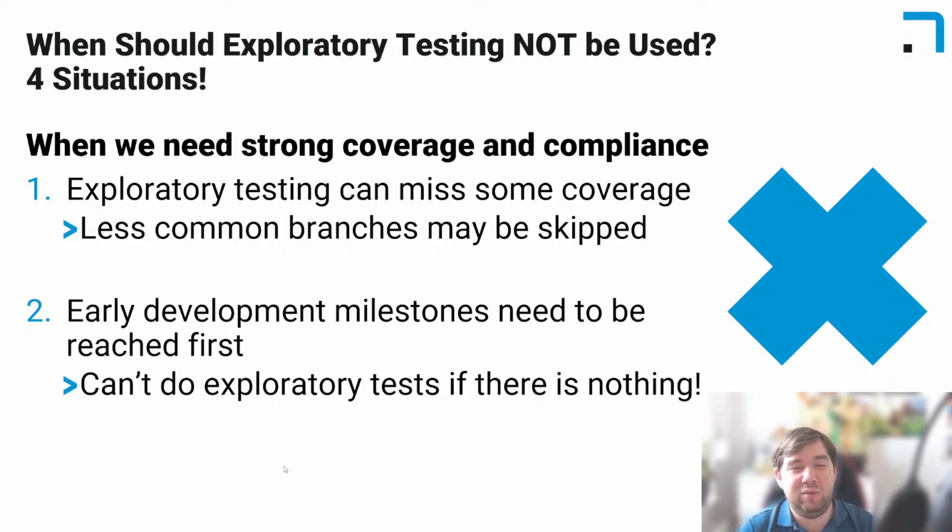Whilst with regular testing, we can do static testing of requirements documents, of other analyses, of the code bases themselves, we kind of need the software in front of us for exploratory testing to work. So if we're so early on in the project that there is nothing to work with, then we can't really explore with it.